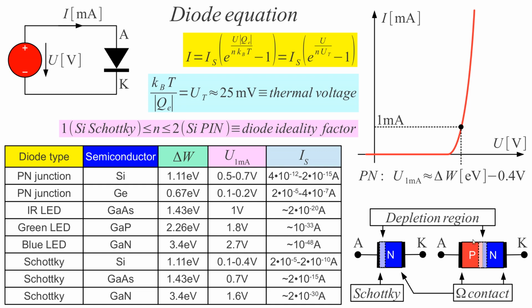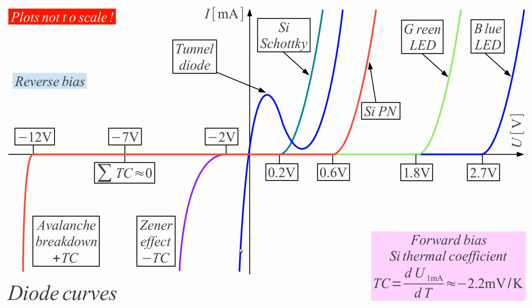On the other hand, if we have highly doped semiconductors, like in a tunnel diode, this is actually a germanium tunnel diode curve. A germanium tunnel diode has this spurious peak here at 0.1 volts, and at 0.4 volts it has a valley. So even though it's made of germanium, the green one would be the curve of a normal germanium PN diode. So there are other effects like the tunnel effect.